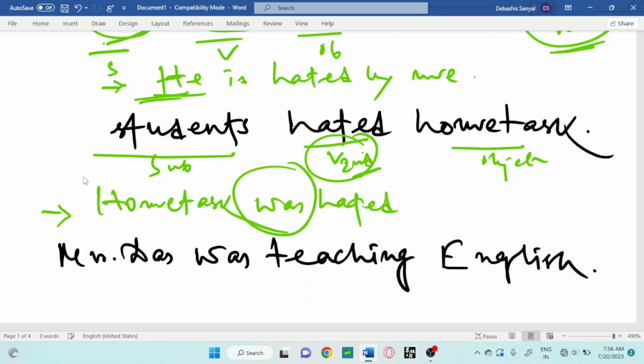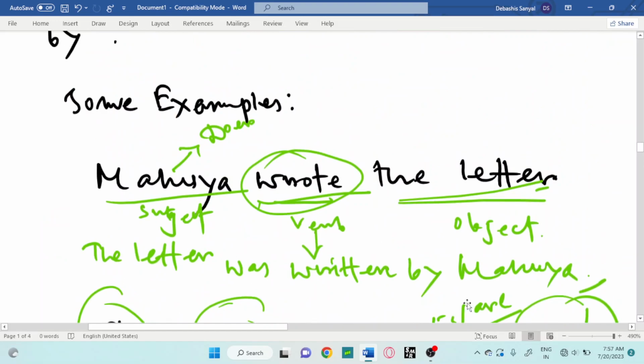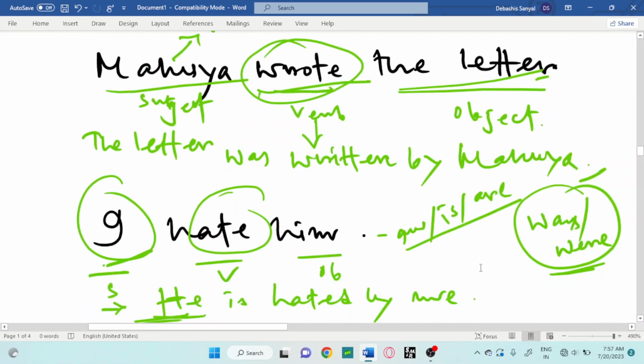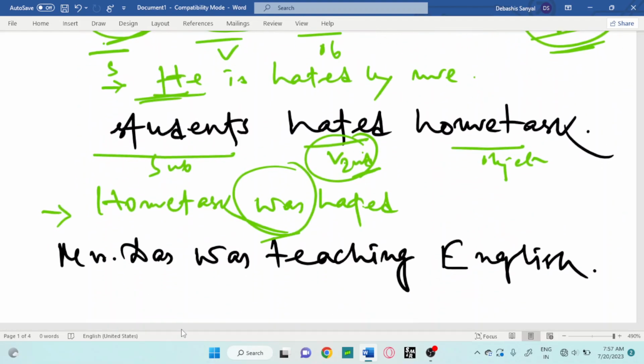Why was? Because it is already discussed here. In case of past indefinite tense, we have to use was or were. See here, was or were. Home task was hated by students.